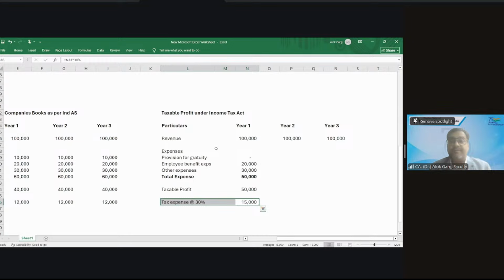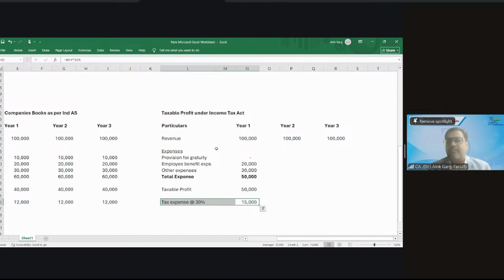So friends, tell me first of all, why is there a difference of 3,000 between the accounting tax and the income tax? This is due to provision for gratuity disallowed in income tax. Due to the provision for gratuity disallowance, we are paying higher taxes. Am I right?